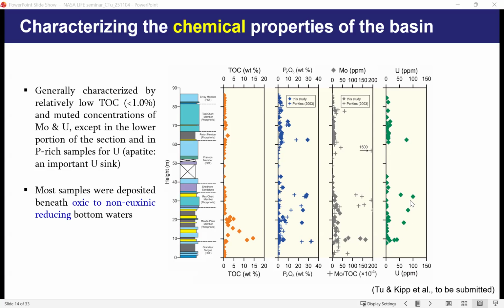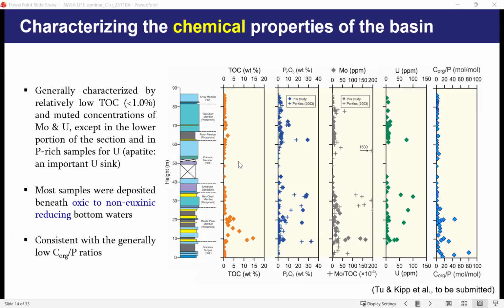The latter makes sense because apatite is a major sink of uranium, so it has higher uranium concentrations. The pattern suggests that most samples were deposited beneath oxic to non-euxinic reducing bottom waters, consistent with the generally low organic carbon to total phosphorus ratios observed in our samples.